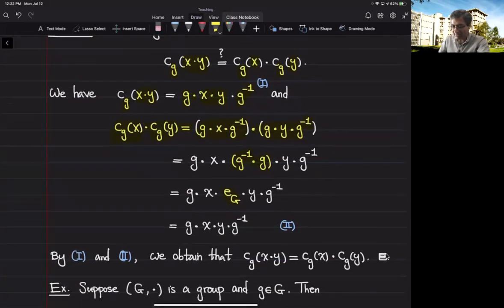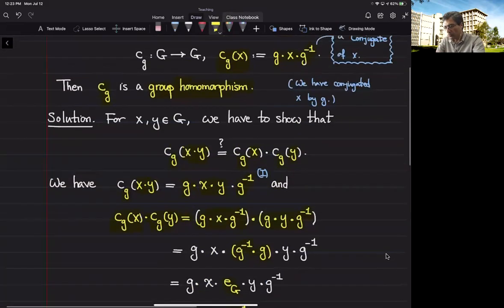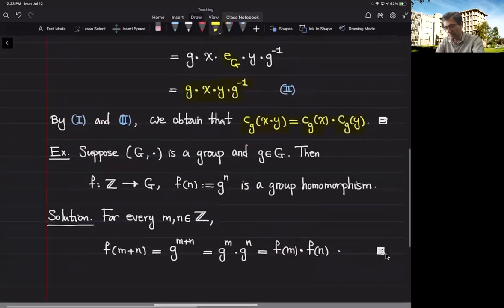So altogether I end up getting what we expected. It is conjugation of x dot y by g, and that gives us the equality that we desire, that c sub g of x dot y is the product of c sub g of x and c sub g of y. Okay, so we learned about c sub g, and we saw that this is a group homomorphism.